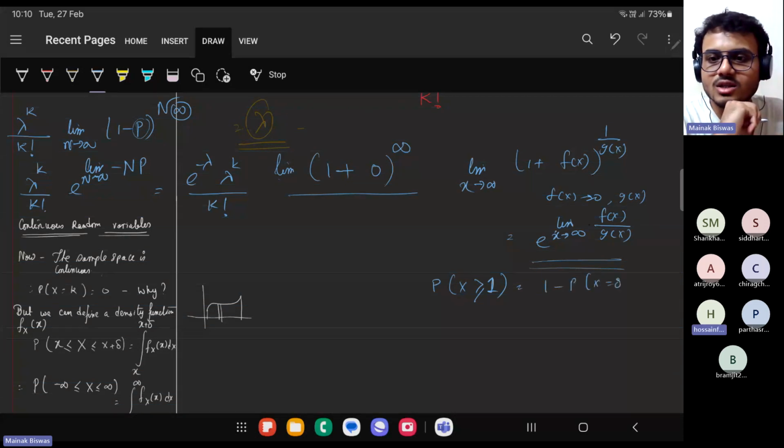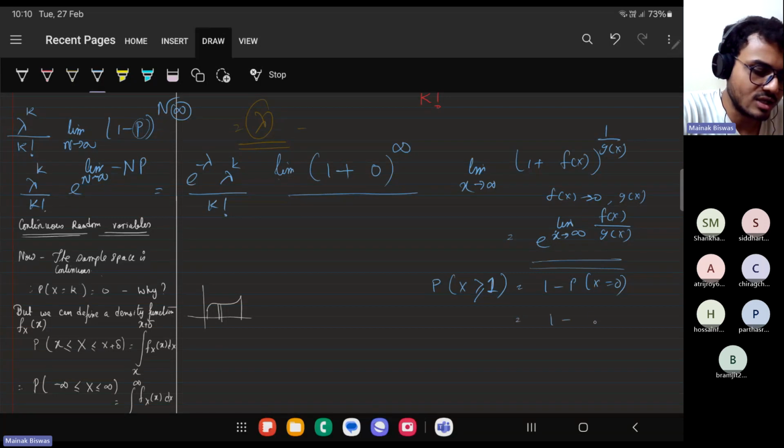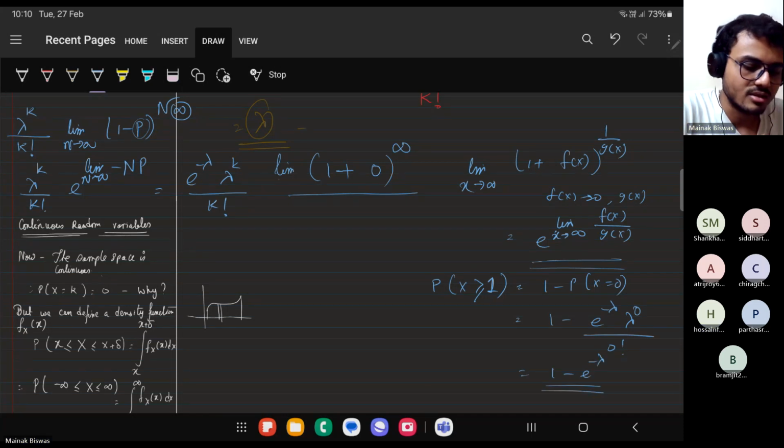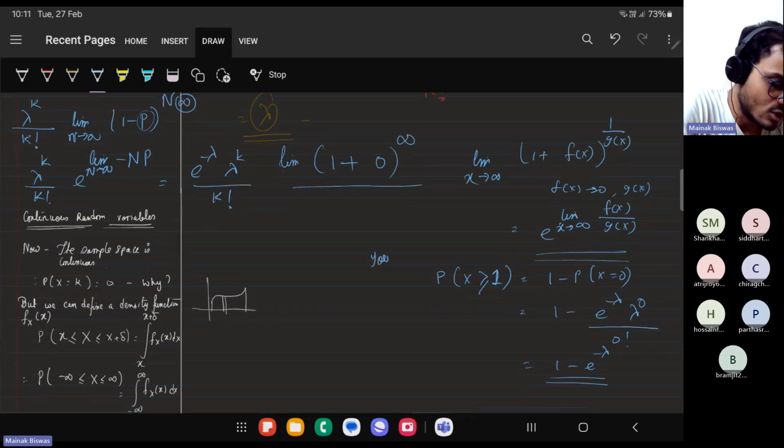If there is no packet being generated, then if you generate a packet, there is no collision. So what is this? 1 minus e to the power minus lambda, lambda to the power 0 by 0 factorial, which is 1 minus e to the power minus lambda. If you are a station, all the other stations is what you are seeing. You are wanting to send.